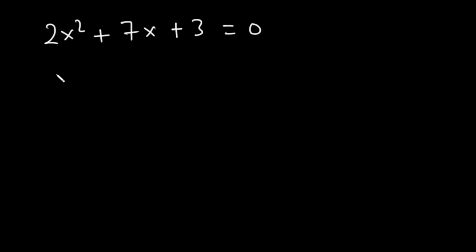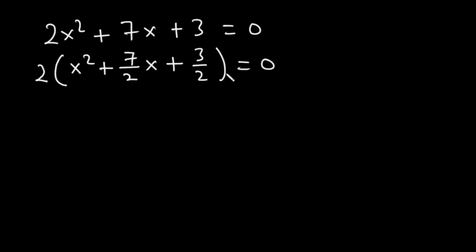So to ensure that, we just need to factor 2 out. So we have 2 on the outside, and then 2x² divided by 2 is x². 7x divided by 2 is 7/2 x. And then 3 divided by 2 is 3/2, equal to 0.